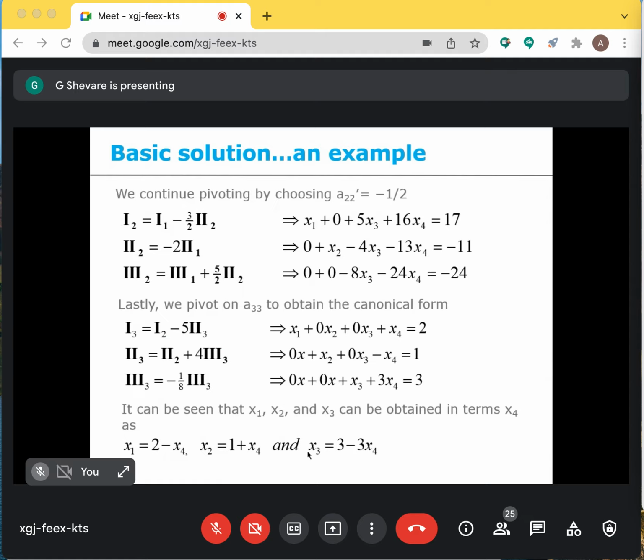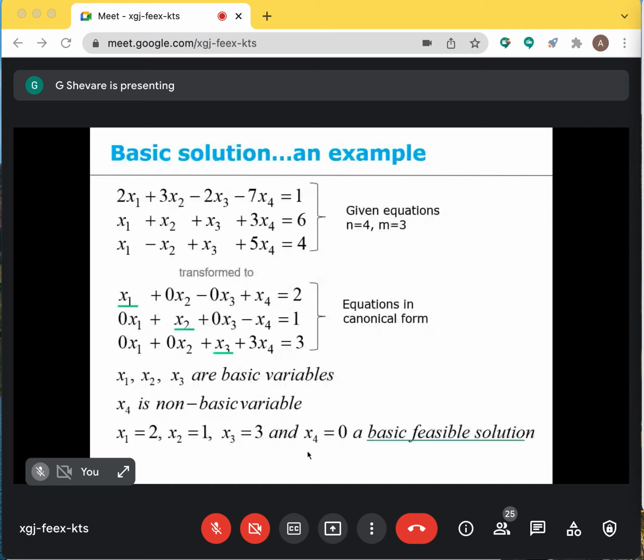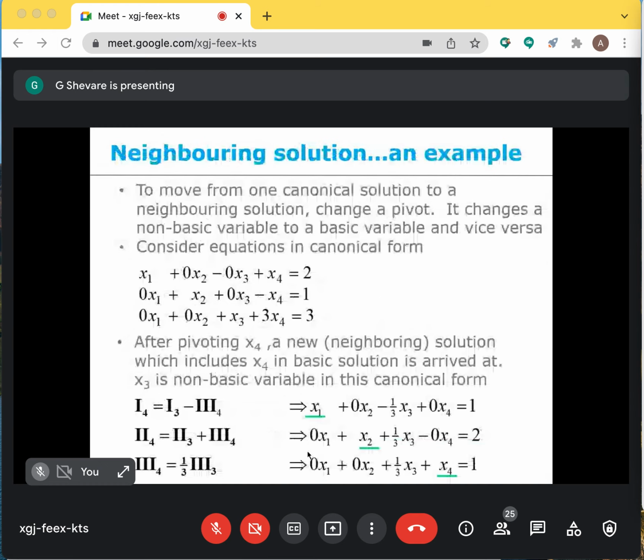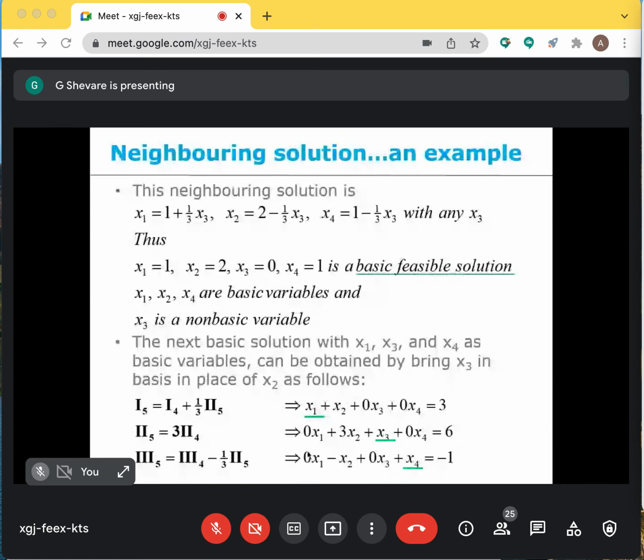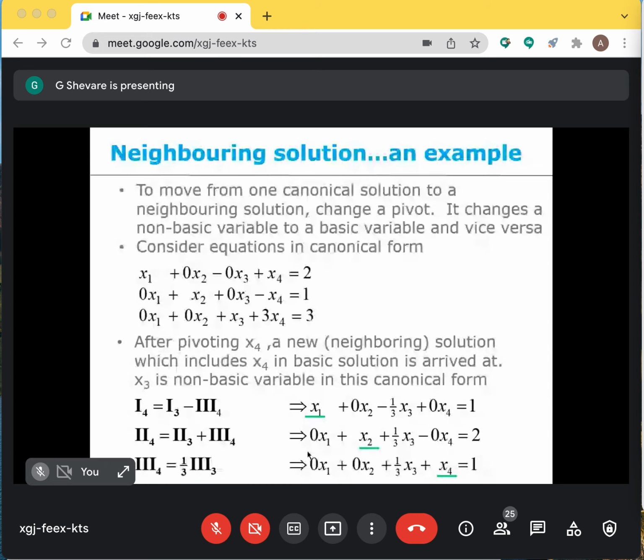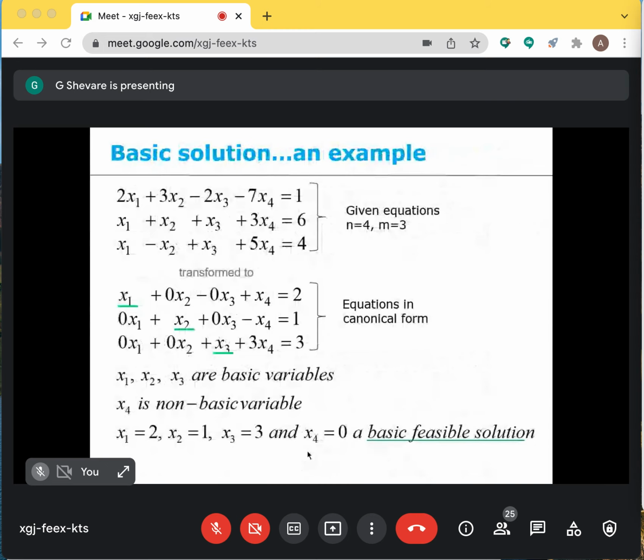So you can keep doing this, and depending on what value of x4 you choose, you get different solutions to this problem.